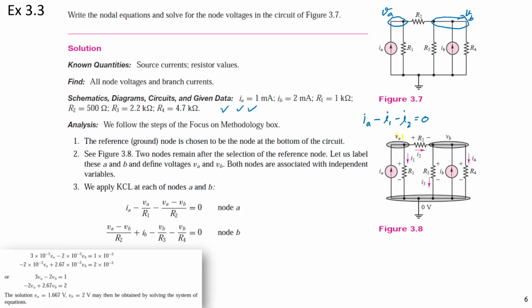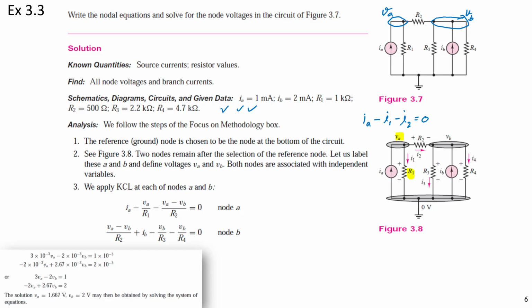I1 is VA divided by R1. So we substitute I1. And what is I2? I2, this direction we use VA minus VB, the voltage across R2, VA minus VB, divided by R2, so we have this equation.